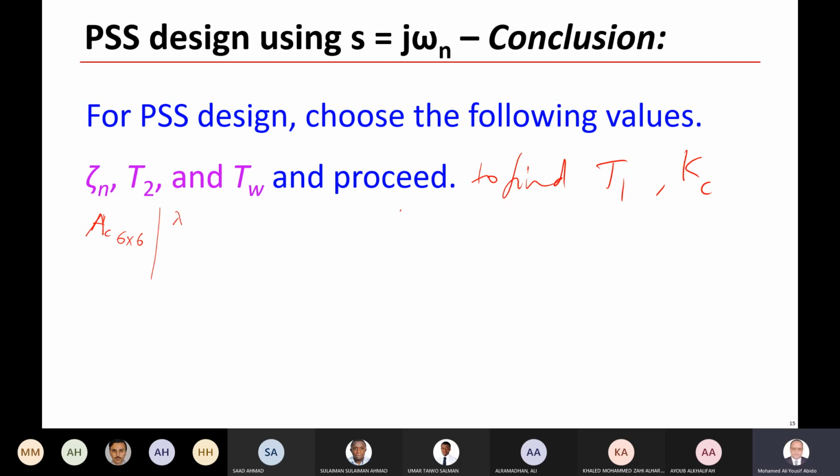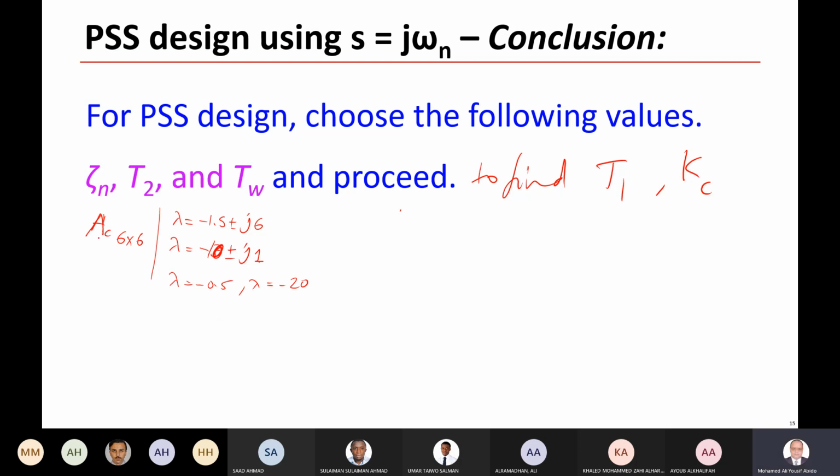So assume the eigenvalues are as such. These are the 6 eigenvalues that you have.